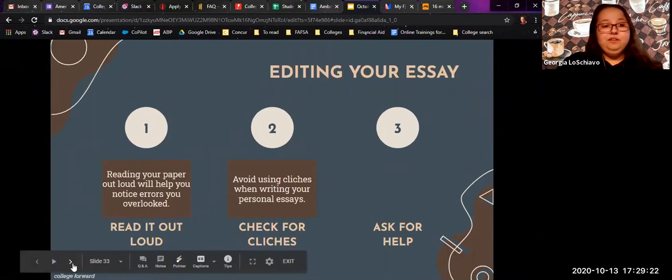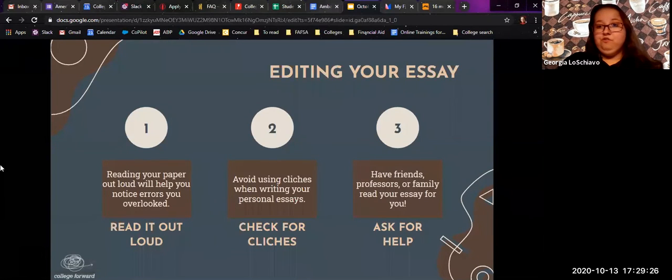The third really big thing is to always ask for help. Have friends, professors, or family read your essay for you. The reason for this is you have been looking at that same essay for possibly hours upon hours at this point, and that might make you blind to some issues that are going to be really obvious to someone who looks at it with fresh eyes.